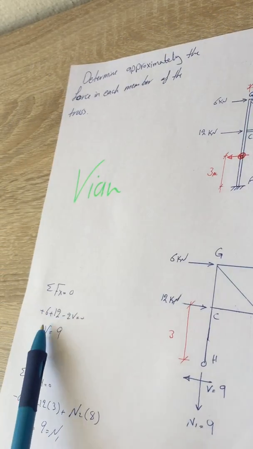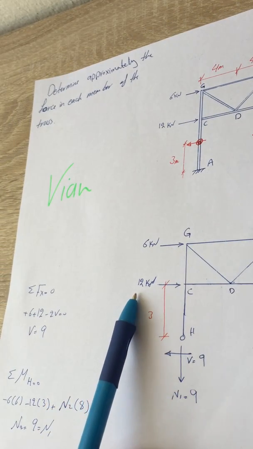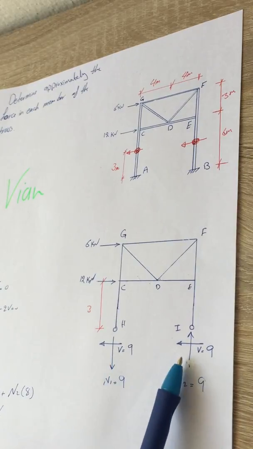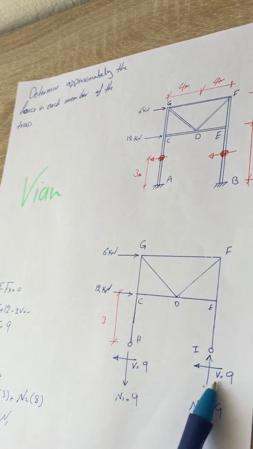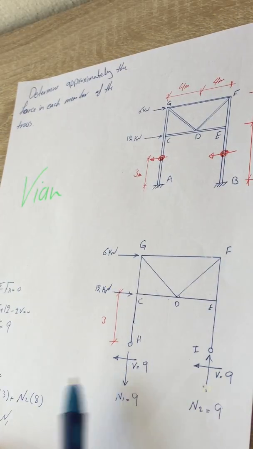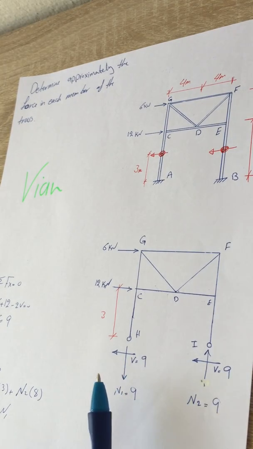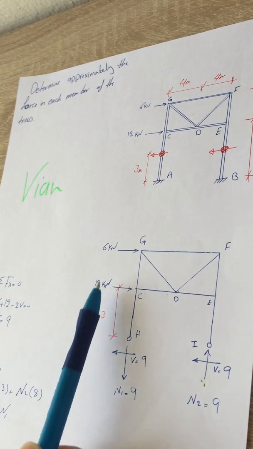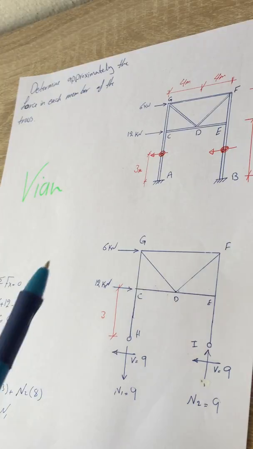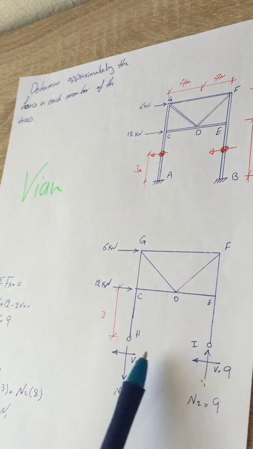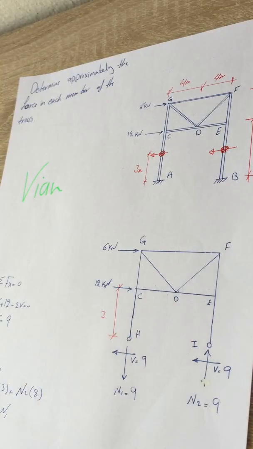It's going to be summation of X plus 6 plus 12 minus 2V. Each V is going to be 9. 1V is 9. So here it is. I wrote them down. Why is it on that side? Because these two lateral loads, these two wind loads, are on that side. So as a reaction to keep it in equilibrium balance.